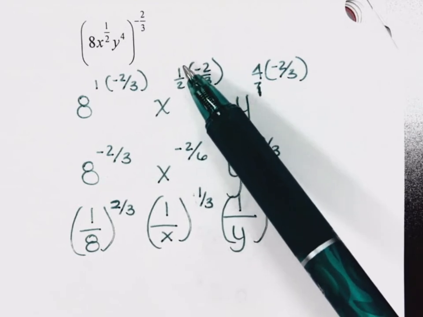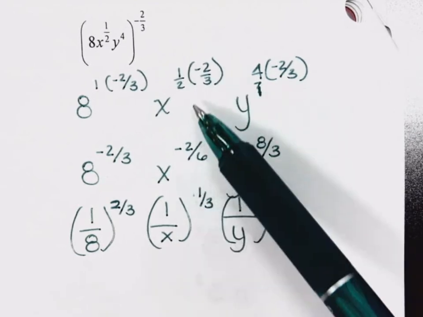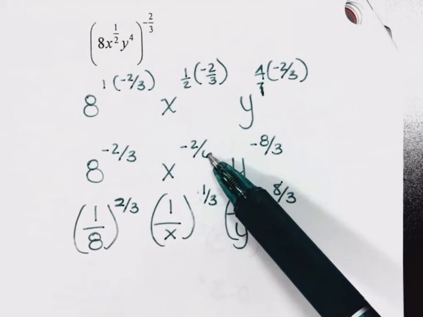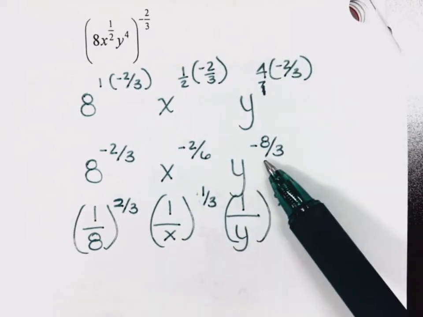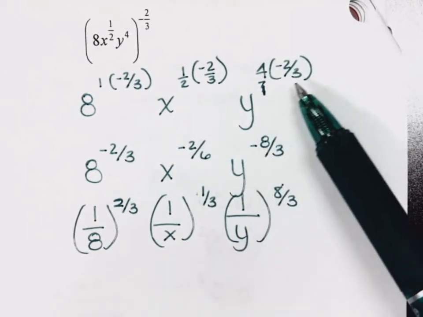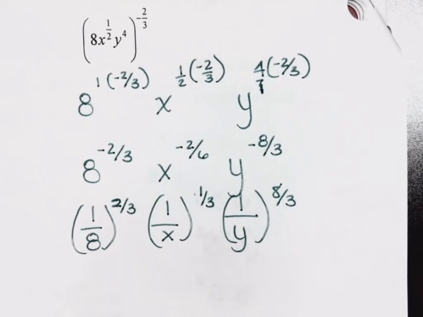This one here, 1 times negative 2 is negative 2. 2 times 3 is 6. And then 4 times negative 2 is negative 8. And 1 times 3 is 3. Okay, so that line should be good. You should be able to do that, because that's just multiplying it through.